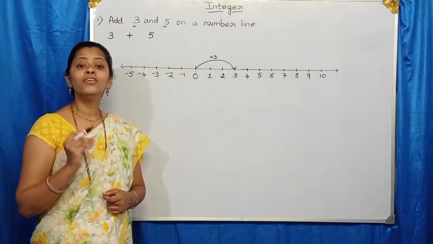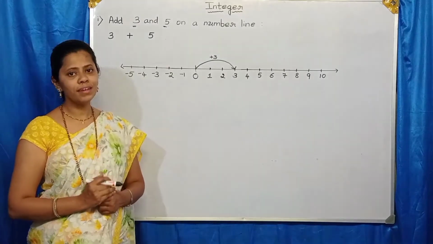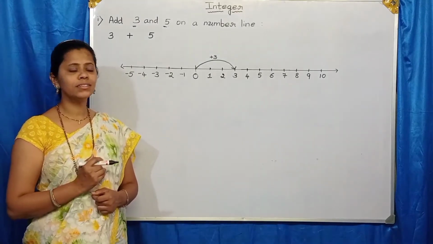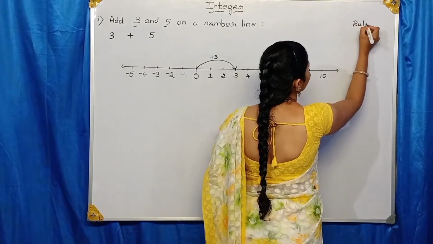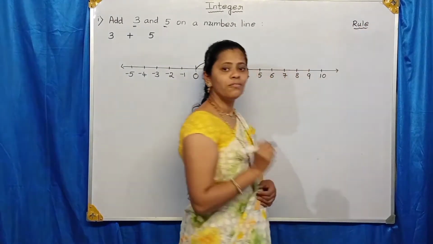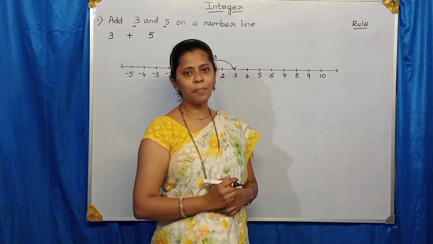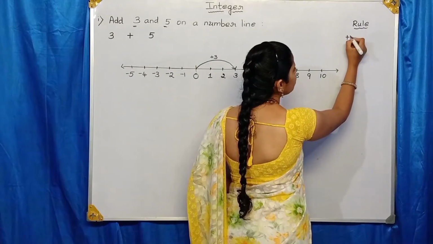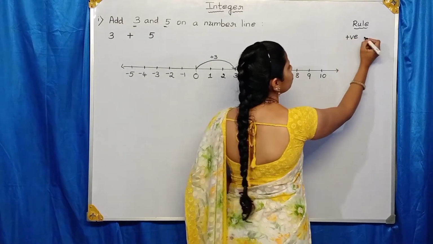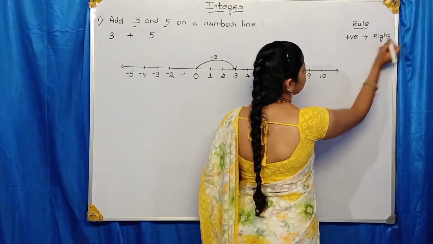But before that, you must remember the rules for adding integers on a number line. What does it say? The rule says, while adding a positive integer, we move to the right on a number line.